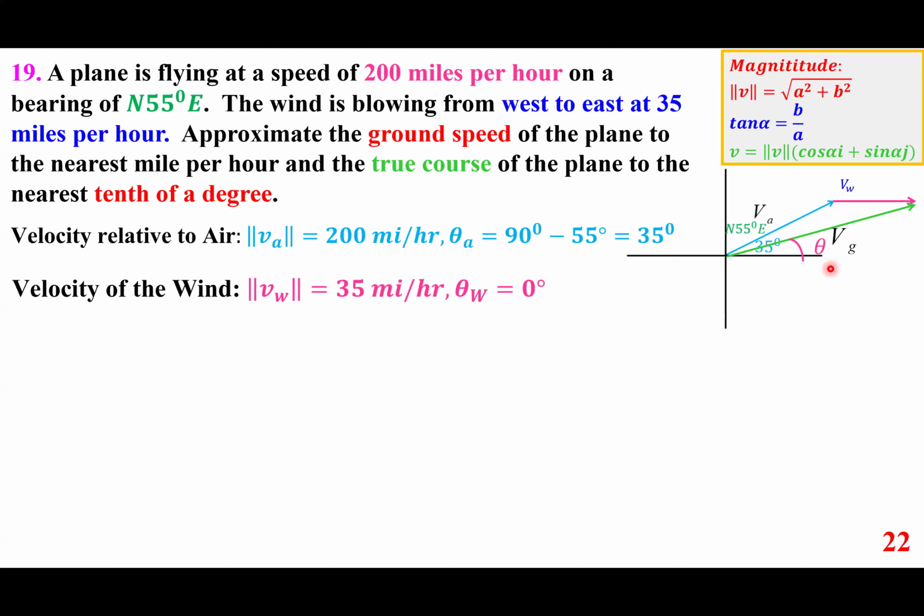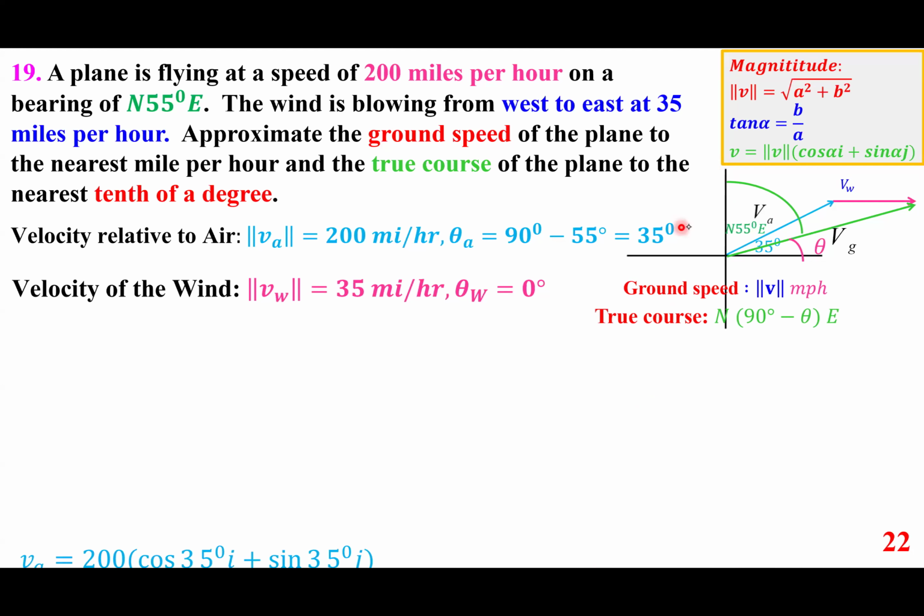After we find the magnitude and theta, the true course would be north, east. What's in between? 90 minus theta. So north, 90 minus theta east. That's what's going to happen, everybody. This is the magnitude. North, 90 minus theta east.